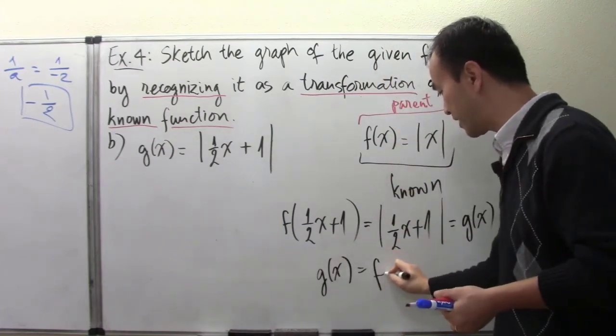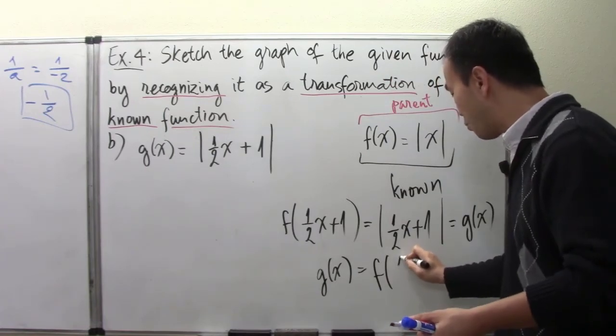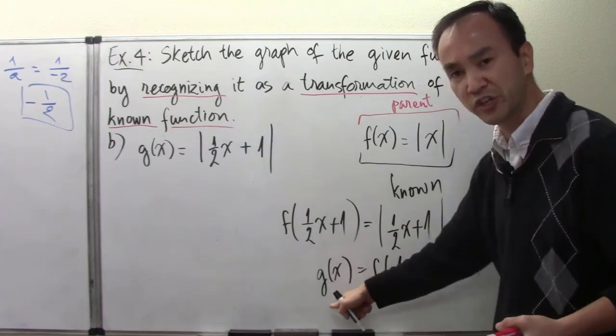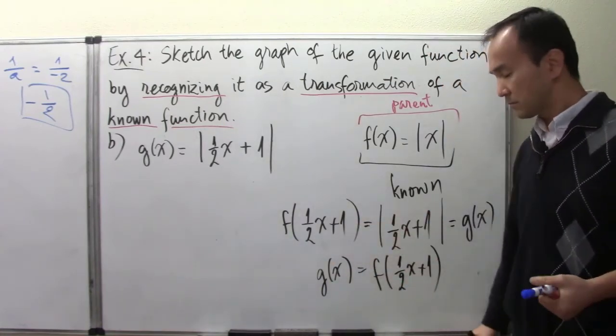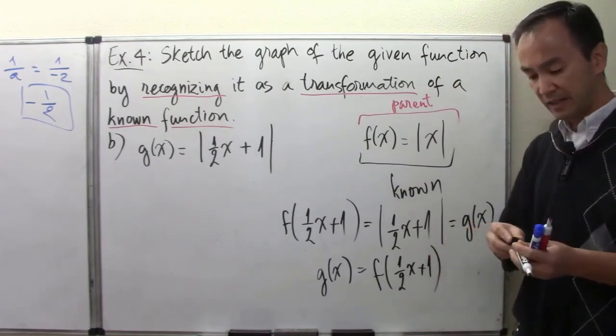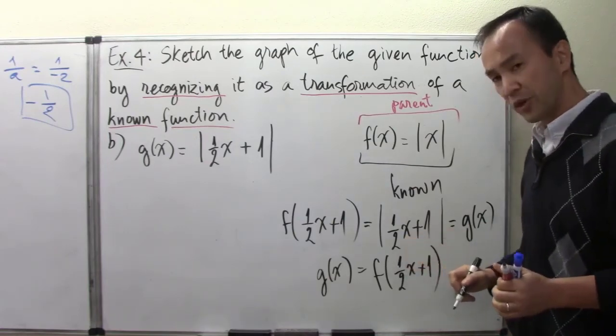We can legally say f of x is the parent function, and g of x is f of 1/2 x plus 1. That's how I see the relationship between g of x and f of x. Once we recognize all of that, we are ready to get the transformation done right here.